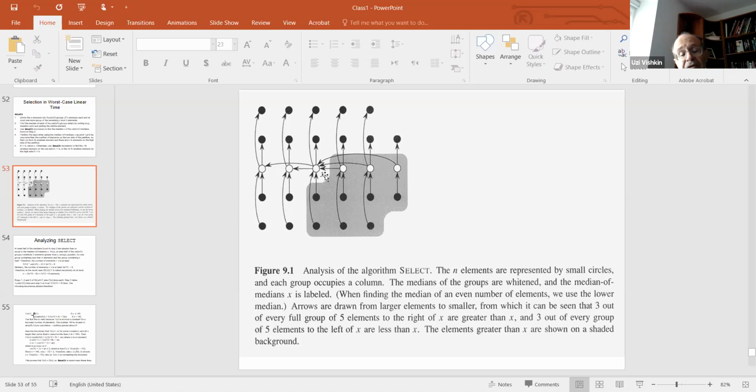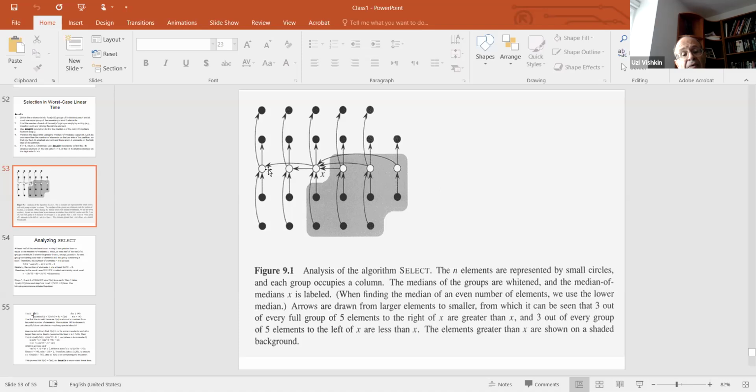So we permute all the groups in such a way that all the medians that are larger than the median of medians, denoted by X here, are to the right. And for that reason, their arrows go to the left. And then all the groups whose median is smaller than the median of medians are to the left. And for that reason, these arrows go to the right.